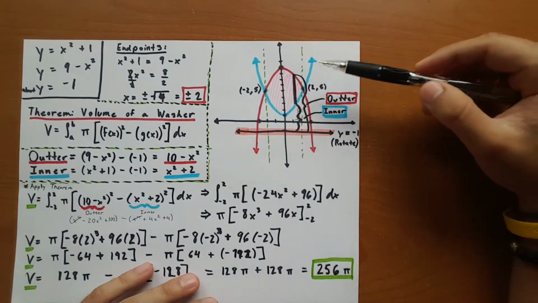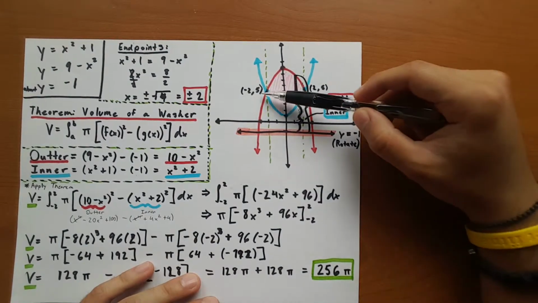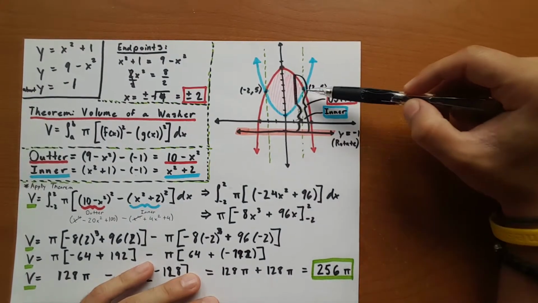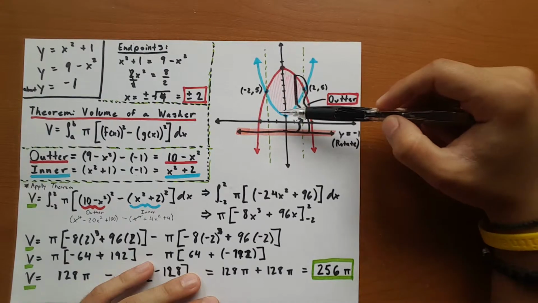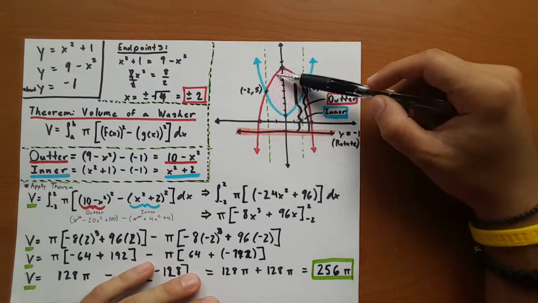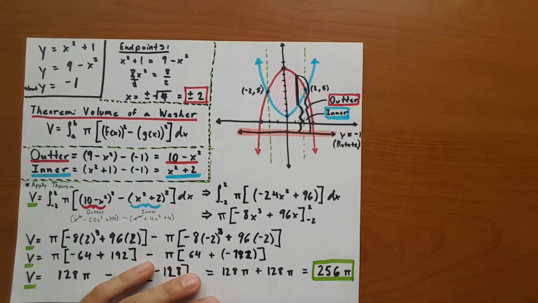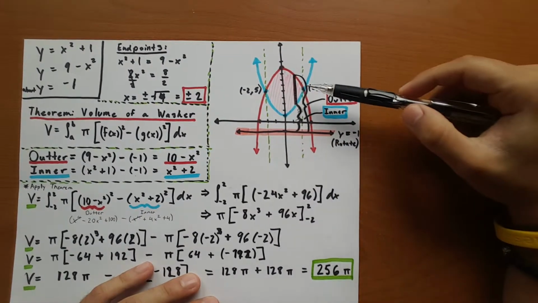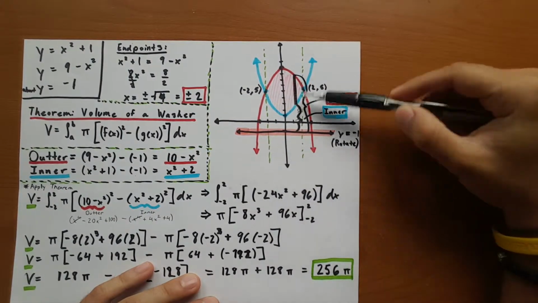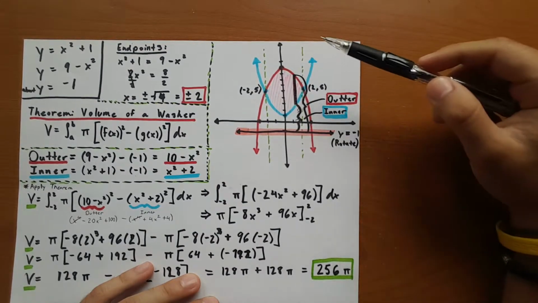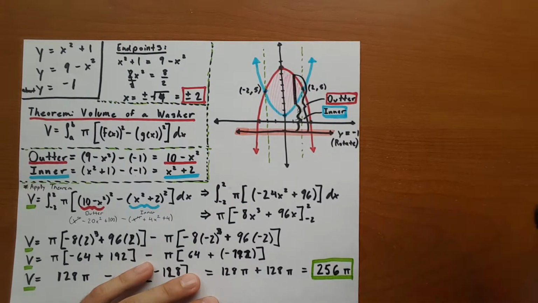Right now I want to find the two endpoints where these two functions intersect with each other, because that's how I know where to take this area and then apply the theorem of volume for a washer, and that's how I'm going to get my full volume for this three-dimensional shape.